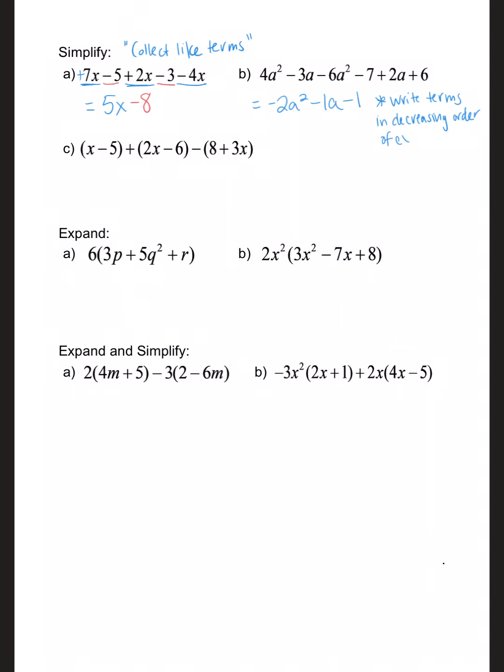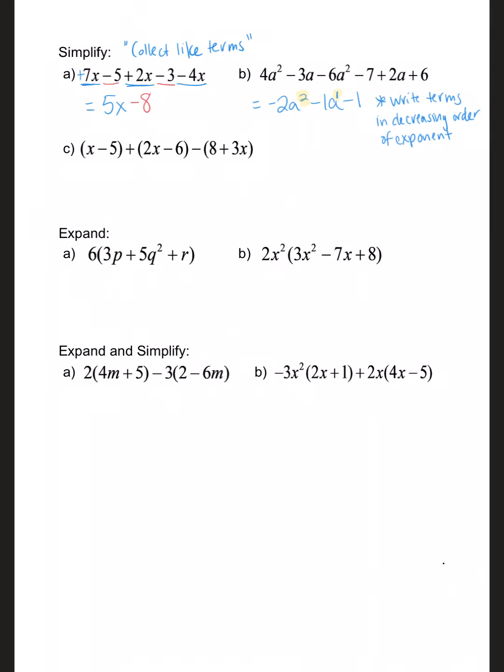So your highest exponent on any given term will come first, and then it'll be decreasing from there. Okay, so you can see that on my first term I have an exponent of 2. On my second term, I don't have an exponent there, but we could say we have an exponent of 1, right? And then it continues to go on, basically until you have just a number, just a constant.